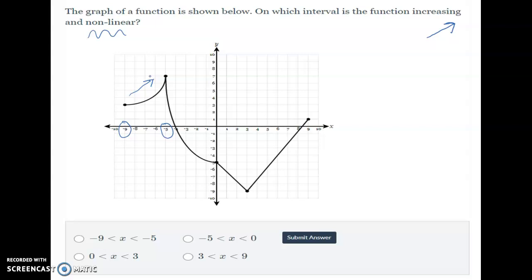So I look to see between what two numbers is this occurring? Well, it's between -9 and -5. So for the function of x, -9 is less than x and also less than -5. So that's how we would type that in to graph that section.